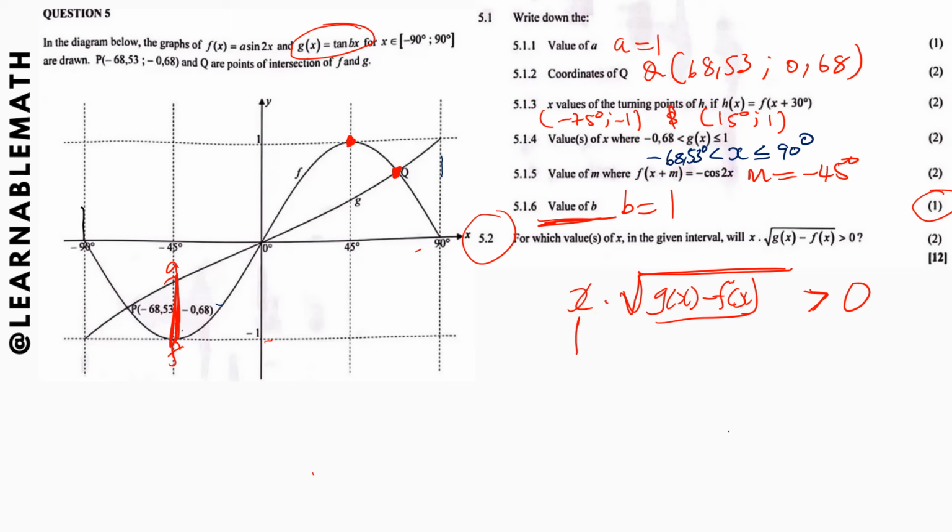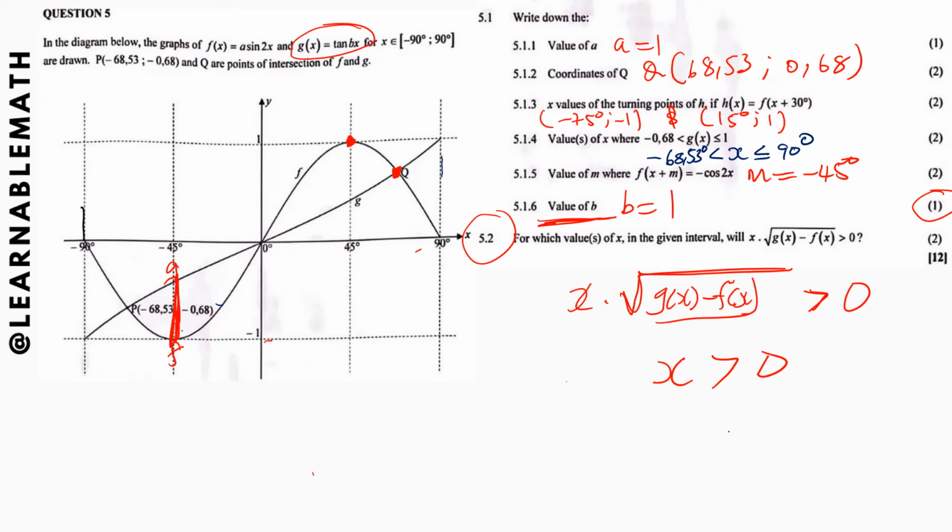So if x is positive, then this is always positive, there's no root of a negative, right? Then positive and positive will always be greater than 0. So in other words, they are asking you where x is greater than 0. Do you understand? For g of x and f of x, where x is actually greater than 0. So we have to check where x is greater than 0, obviously where you find g and f.